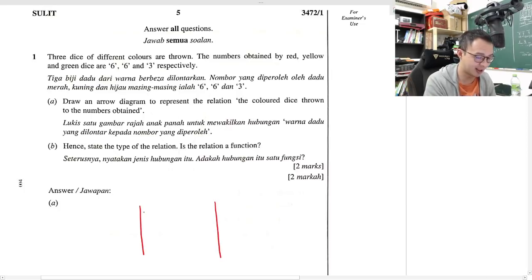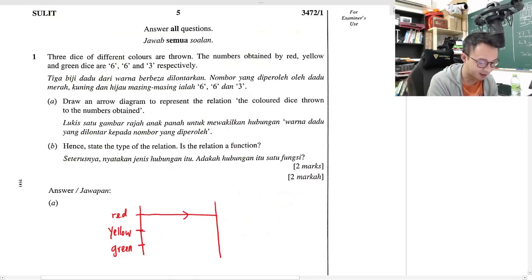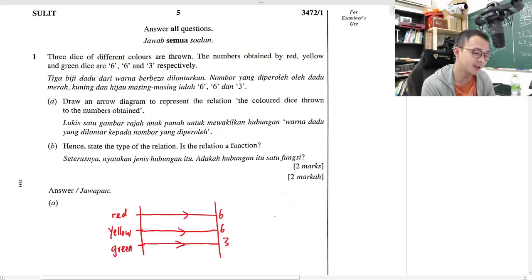Basically I have three different colors. I have red here, then I have yellow, and then I have green. Each of them I will connect to the specific number, as the question suggests: 6, 6 and 3 respectively.